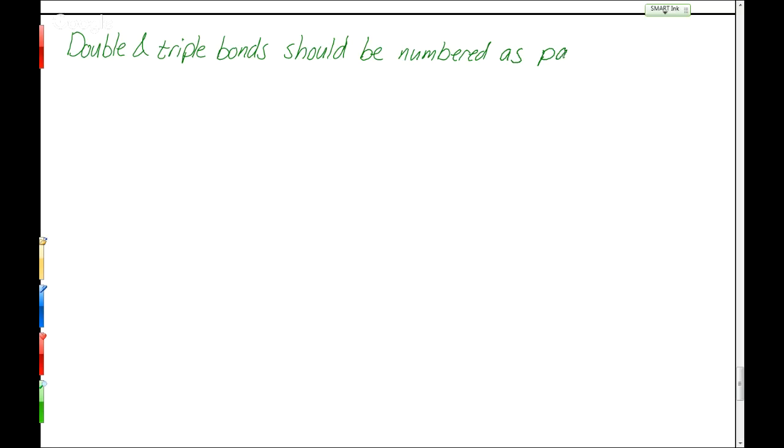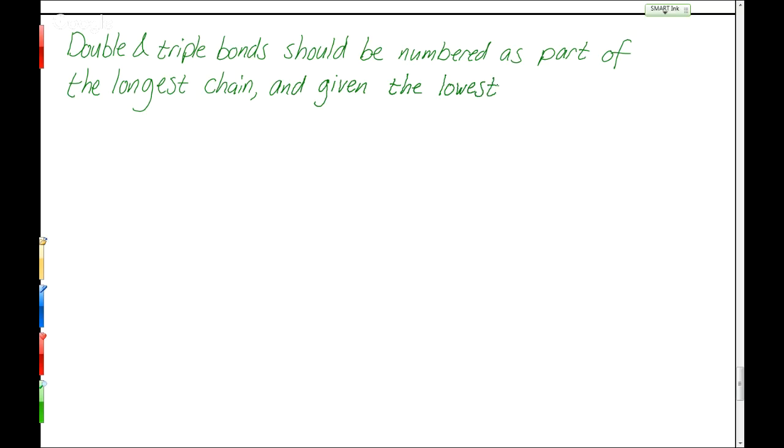Then the last thing that's different about double bonds with respect to naming is that double and triple bonds should be numbered as part of the longest chain and given the lowest possible number.